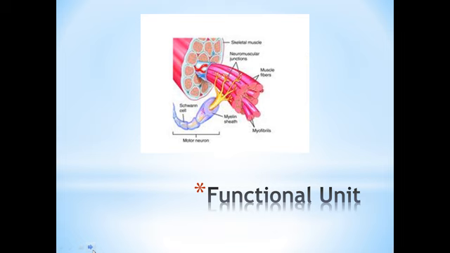The number of muscle fibers that are innervated by a single motor neuron will vary depending on the size of the muscle and the function of the muscle. For example, there may only be 2 or 3 or 4 muscle fibers that are innervated by a motor neuron in the case of a muscle that requires fine motor control.